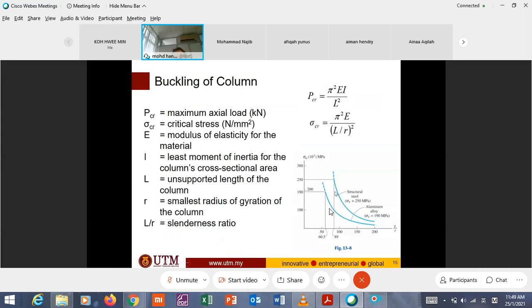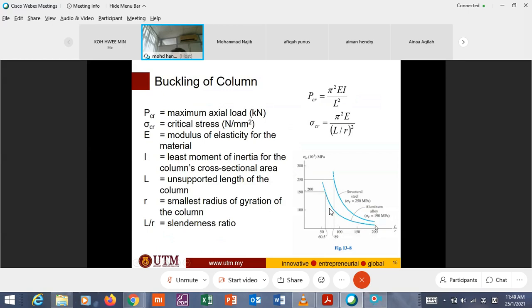This is a typical curve, with the yield stress here. Look here, yield stress is about 200. Therefore, for a short column, it will crush here. And for a long column, it will depend on slenderness.